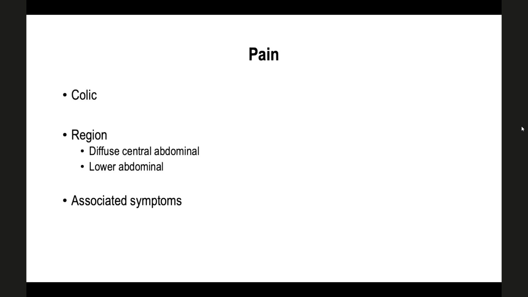The type of pain that we characteristically talk about in intestinal obstruction is a colic. Can somebody tell me what a colic is? What do you understand by the term colic? If you say somebody has a colicky pain, what does that mean?